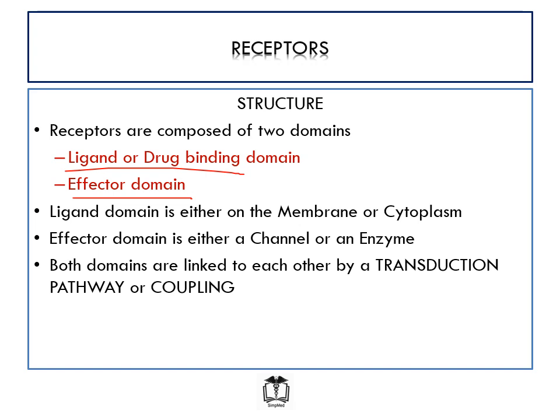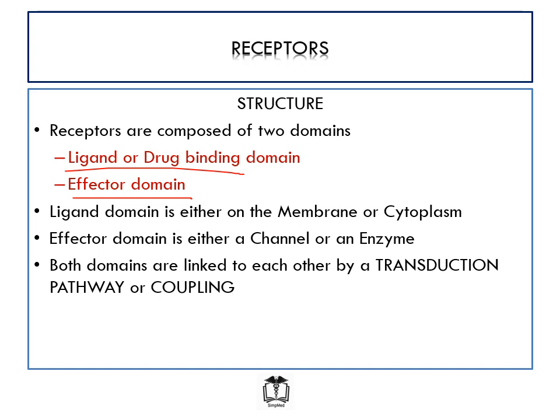The second domain is the effector domain. The effector domain is responsible for the response or effects of the receptor after the particular ligand or drug has interacted with the receptor through the ligand domain. Once the ligand domain is activated, it would eventually interact with the effector domain, and the effector domain would undergo a conformational change, thereby producing the response or effect that we want the receptor to produce.